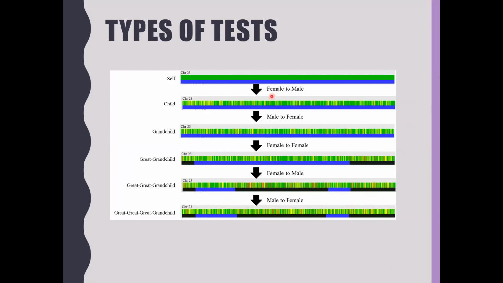And as you can see, as you get further down, you get more and more yellow from other people other than this ancestor. Does that make sense? Because by this point, you're getting 2, 4, 8, 16, 32 people contributing DNA to this person rather than 2 for here.